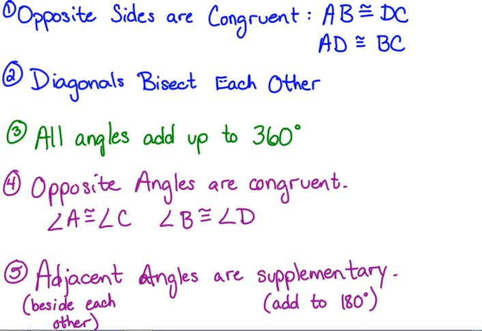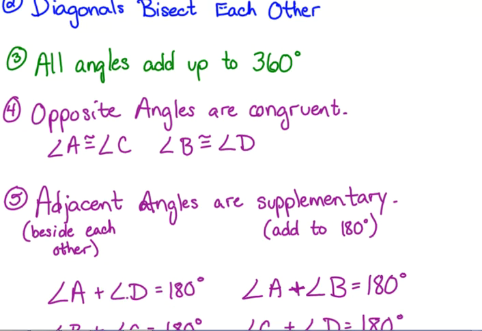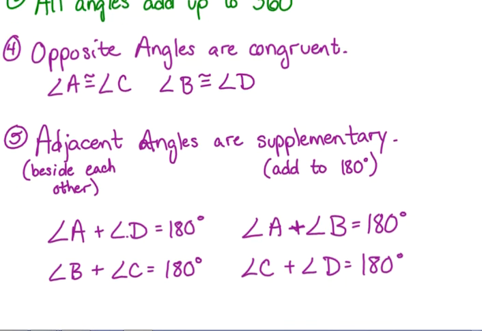The left and the right are parallel, the top and the bottom are parallel. The opposite sides are congruent, they're equal to each other. The diagonals bisect each other, they cut each other in half. All the angles add up to 360. The opposite angles are congruent because they're all 90. And adjacent angles are supplementary, once again, because they're all 90.